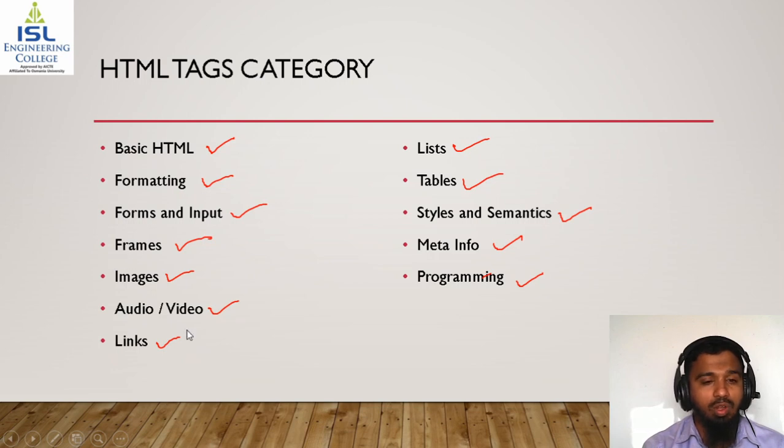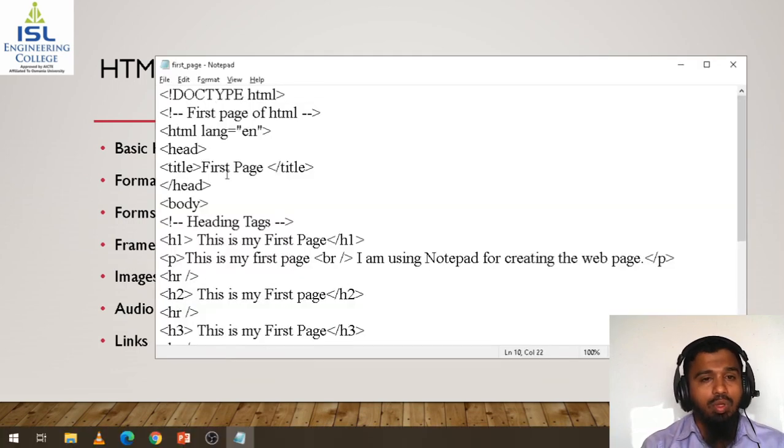One more thing I want to clear: you can write the HTML code in notepad, this is a basic thing. For creating a website there are so many softwares, like Eclipse, Notepad plus plus, that you can also use. But in the basic starting, you can use notepad.